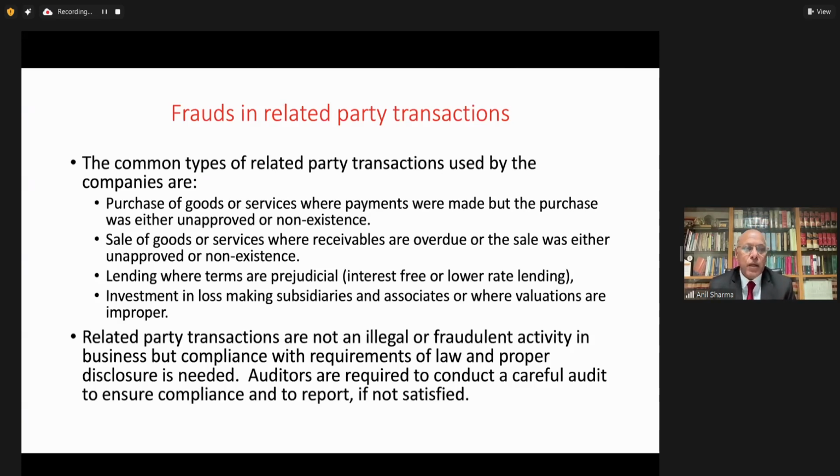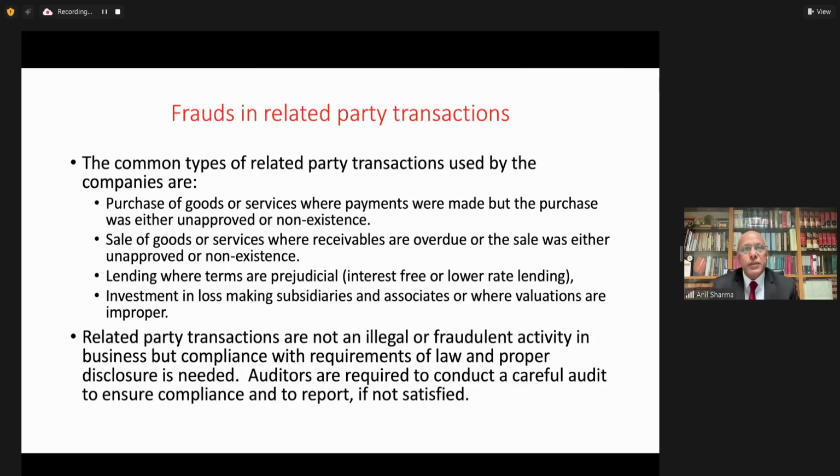There are a number of cases where the funds of a company were lent to related parties on terms prejudicial to that company, whether interest-free or at a very low rate of interest, and funds raised through banks for a specific purpose were used for different purposes, for giving loans to subsidiaries and associates.